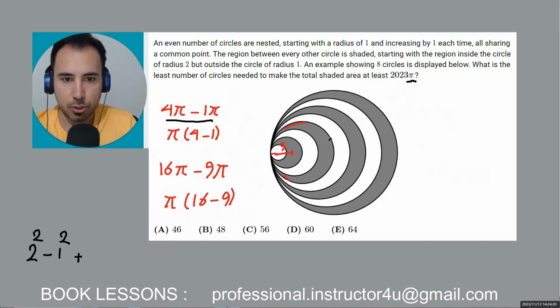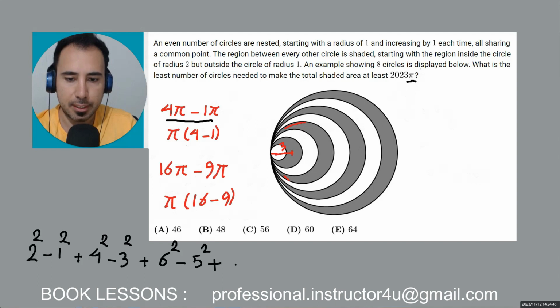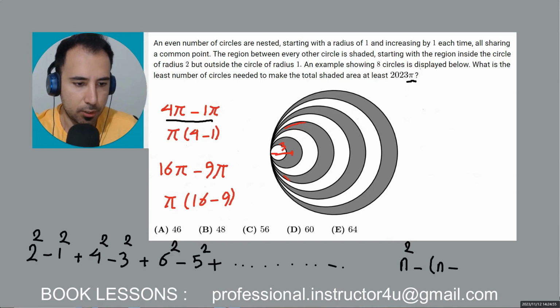For the next two, as we had it here, it will be 4 squared minus 3 squared. And let's continue. It will be 6 squared minus 5 squared. And this will continue. And the last one, which is going to be an even number, is going to be n squared minus n minus 1 squared.